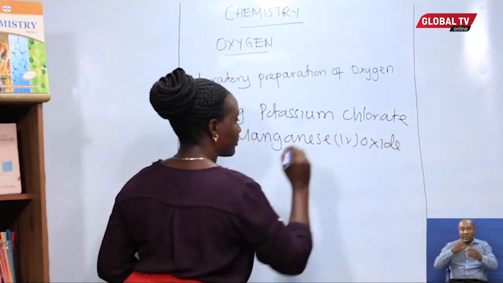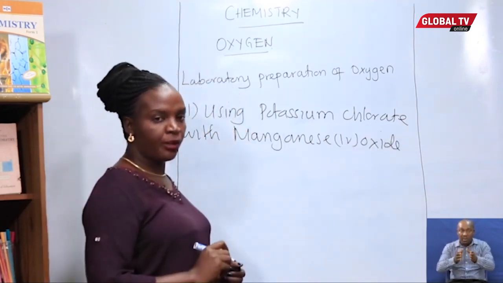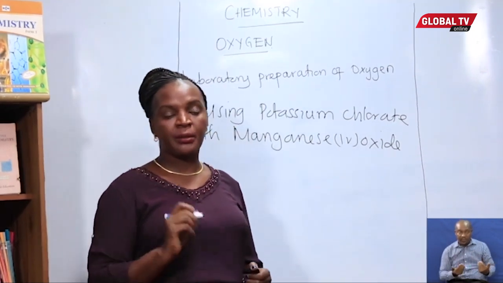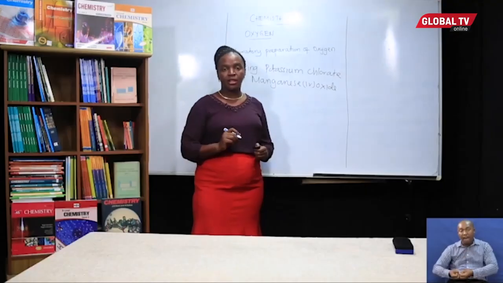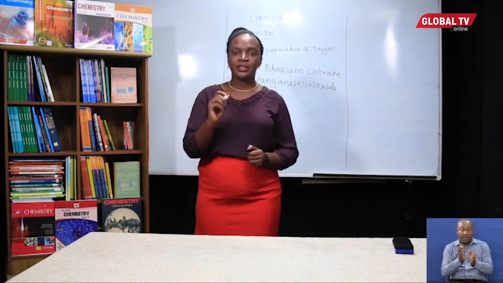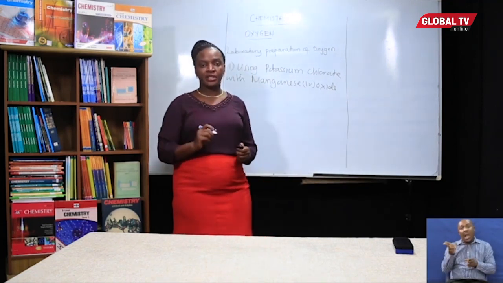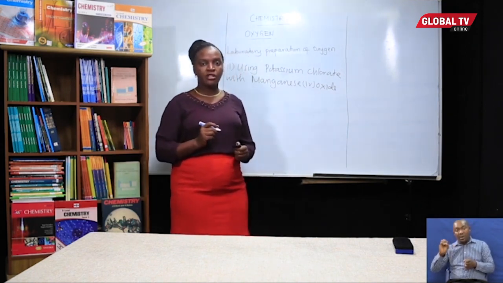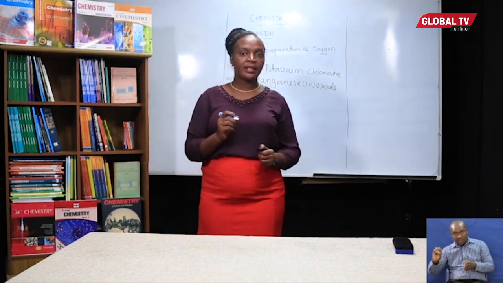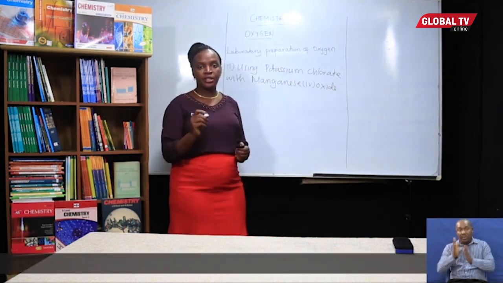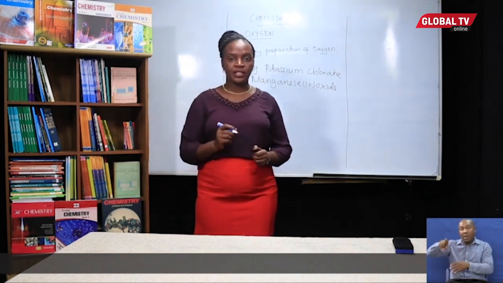Remember, in preparation of oxygen gas, there must be a catalyst. We talked about the definition of a catalyst. We said it is a chemical substance that will speed up the rate of the reaction, but at the end of the reaction, it will remain unchanged. So manganese 4 oxide is a catalyst that is used in the laboratory preparation of oxygen gas.